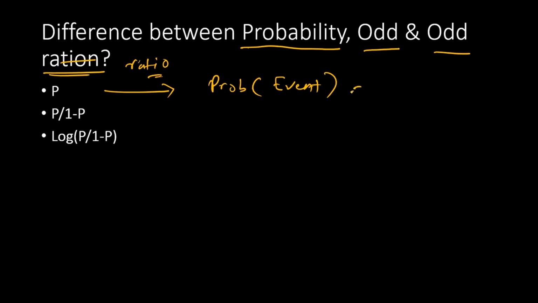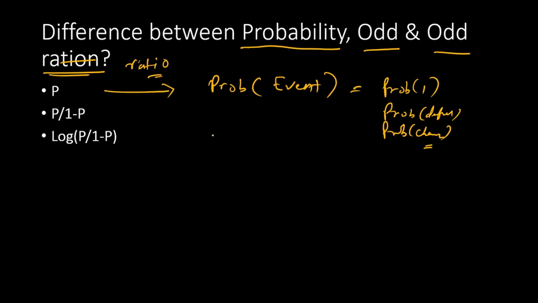When we denote it as 1 and 0, we say probability of 1, the probability of something happening. It could be probability of default, or probability of churn. Default and churn are known as the event, and the probability of that happening is the probability in the context of logistic regression.